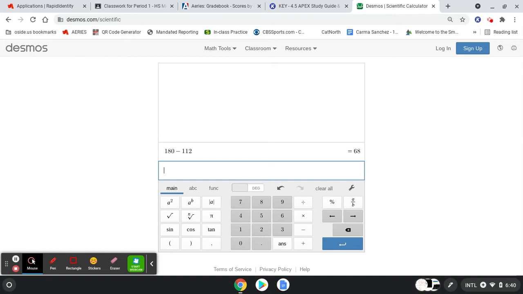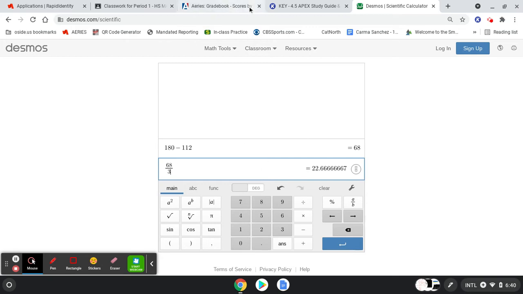So that's how we got the 68, and then 68 divided by 3 gives us 22.67.